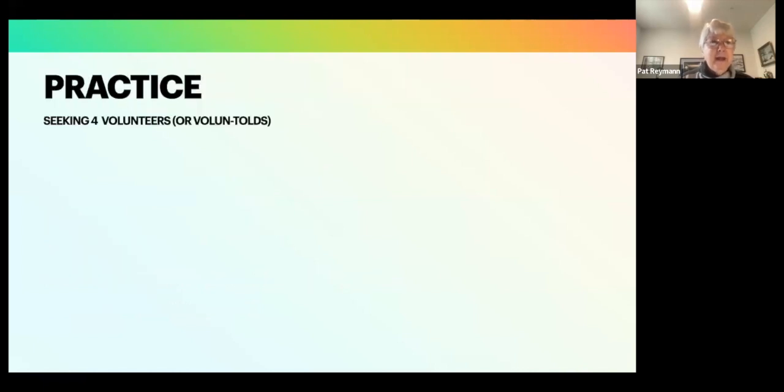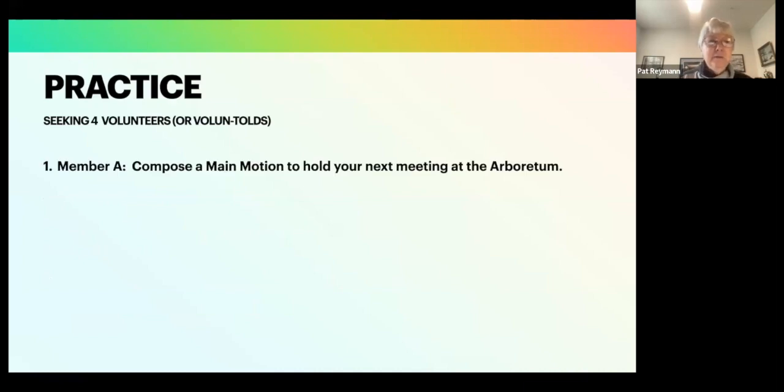Okay. All right, I'm looking for 4 volunteers. If I need to, I'll get voluntold, but I need someone to offer to be member A, and that person's job would be to compose a main motion to hold your next meeting at the Arboretum. And you could add a few details to that if you want to make it more complete, but it doesn't have to really be any longer than that.